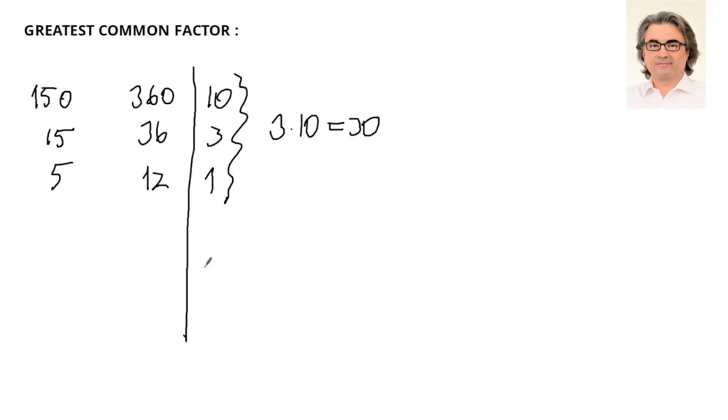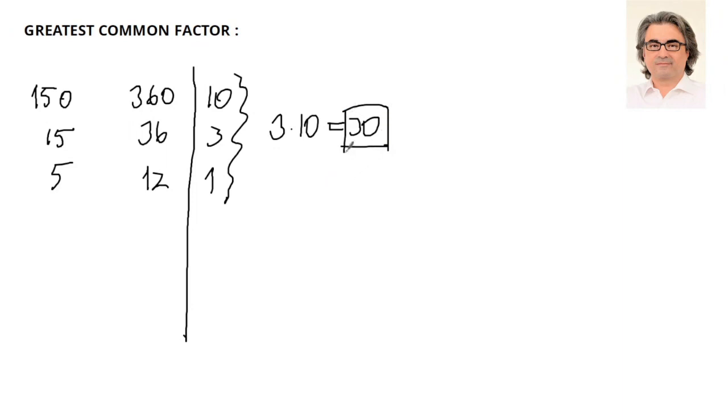So if you know the greatest common factor, like here, then you may find all common factors of these two numbers, 150 and 360. What I mean is, 30 is the greatest common factor.